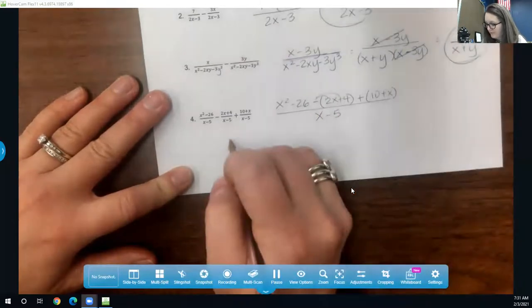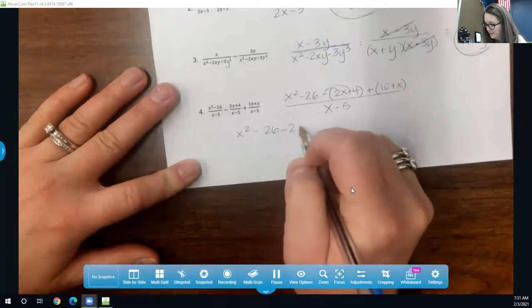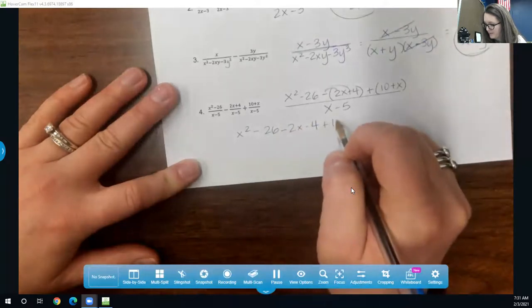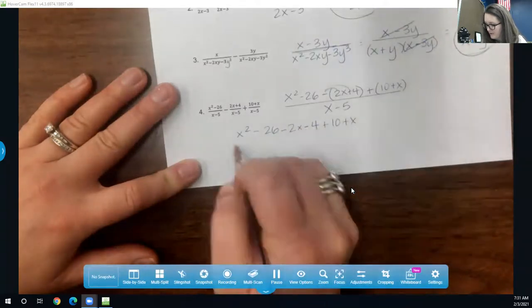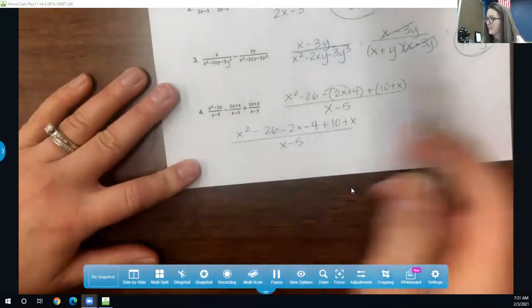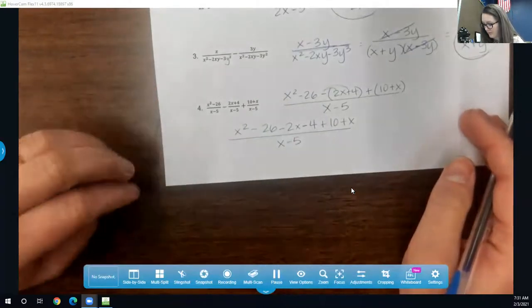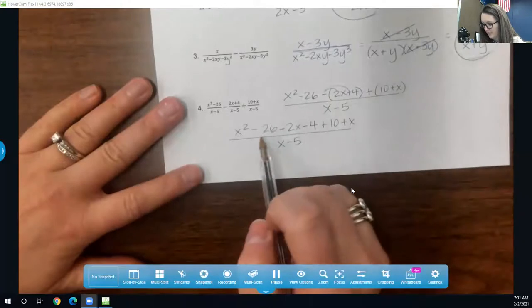So we should have x squared minus 26 minus 2x minus 4 plus 10 plus x, right? So think about that. Just be aware when you're subtracting what comes after your subtraction sign. You may have to do a little bit of maneuvering or manipulating there.